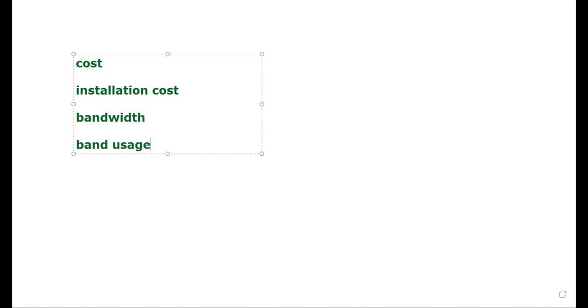Basically, baseband devotes the entire capacity of the medium to one communication channel, while in broadband there are two or more communication channels. That means, modulation-wise, they are sending different channels of frequencies in the broadband.